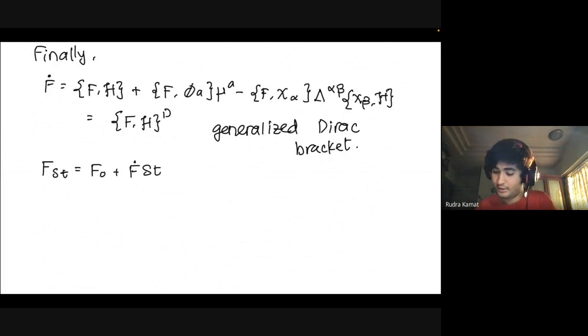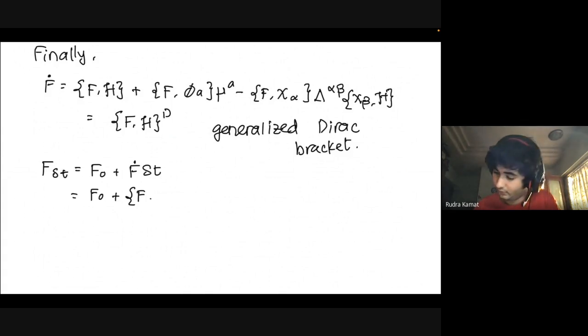So f delta t is the value of the observable f at time delta t, which you can expand as f naught, the initial value of f, and f dot times delta t. I'm not expanding to higher order. Let's just keep it here. f naught plus, this will just become the Dirac bracket.